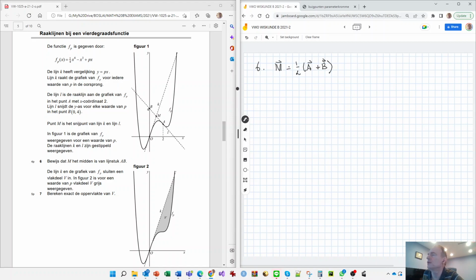So what is A? It's 2, and then the function at 2. So that is 16 divided by 4 is 4, minus 2 to the power 3 is 8, is minus 4, plus 2 times p.